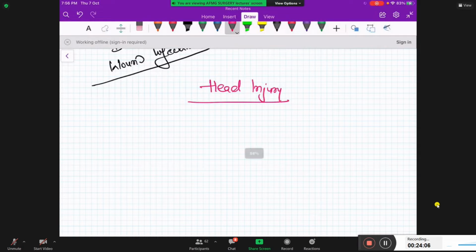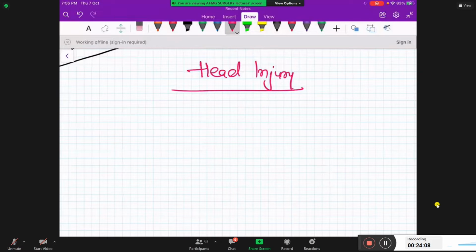Now, let us talk about head injury. First of all, can you tell me how does a patient of head injury present? What will be the presentation? How will you know in a given clinical profile of the patient? You are told the patient has a road traffic accident. And in that accident, how will you figure out that this patient has a head injury?